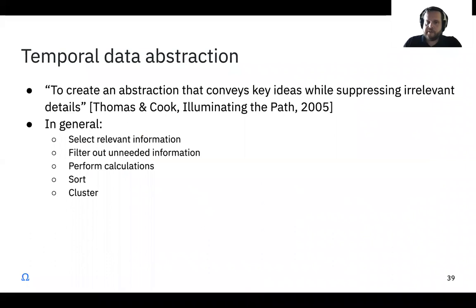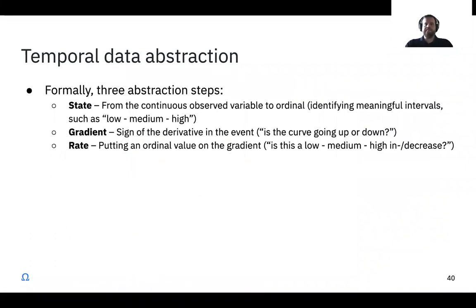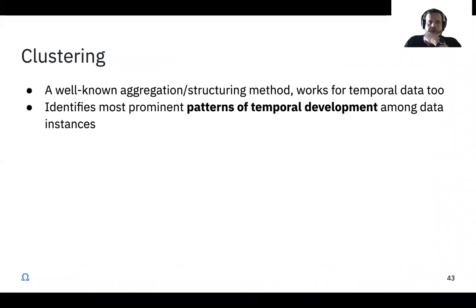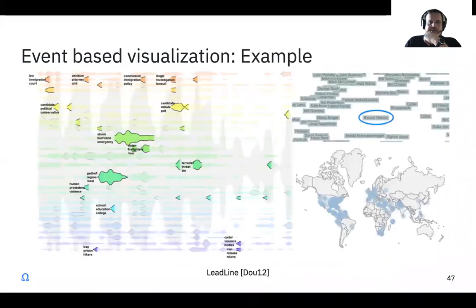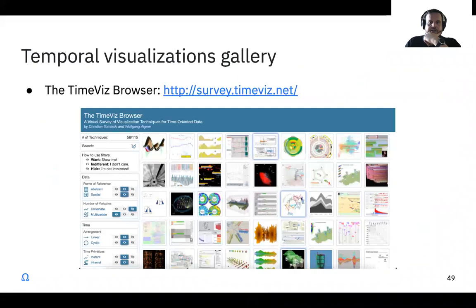Okay, so if there are no further questions, then I can continue. Where were we? Event-based visualization, and here, yes. Okay, it was just a pity that I didn't stop on this point before we stopped. The best part about all this I've been talking about is that there's this great resource called the TimeVis browser. Tominsky and Aigner were doing a big survey of various temporal visualizations in the state of the art, and at this link you can access all these visualizations.